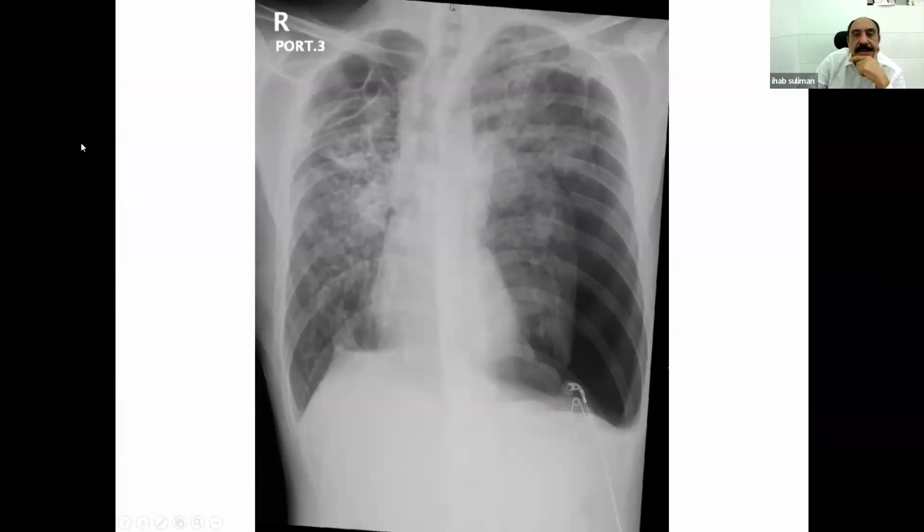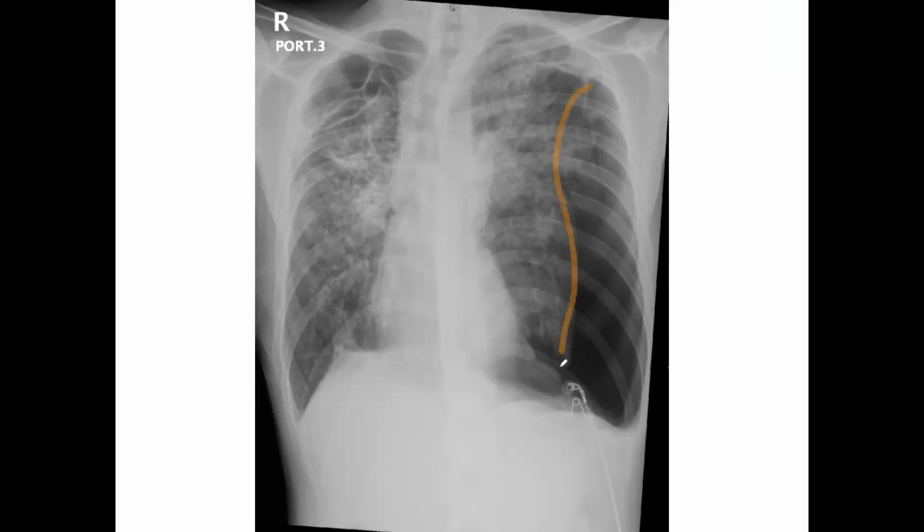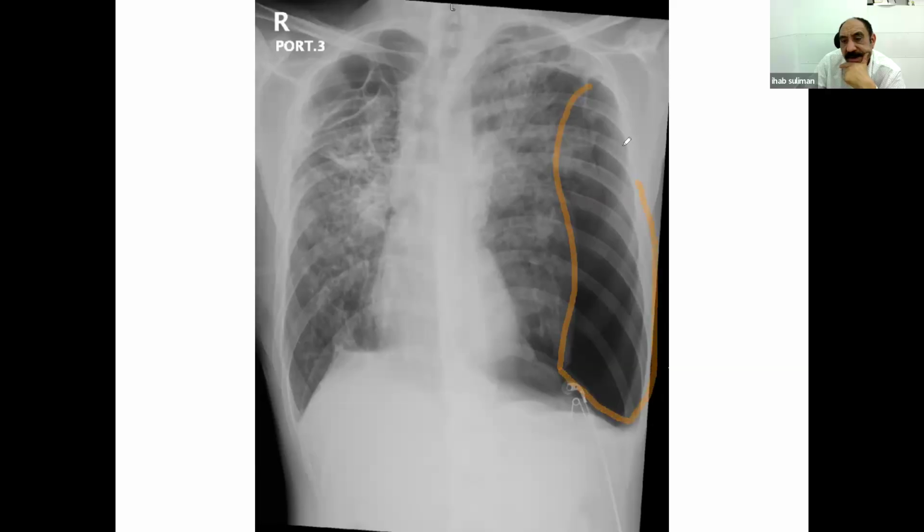So there are heterogeneous opacities more on the right, even on the left. But when you look on the left, this lung is a bit collapsed. There are no lung markings there. You are right.